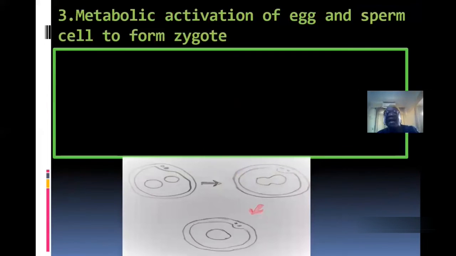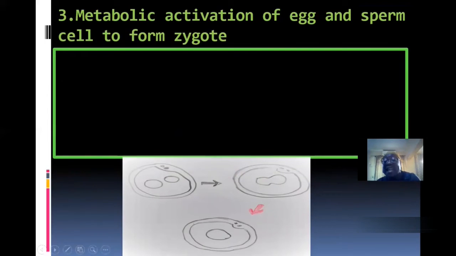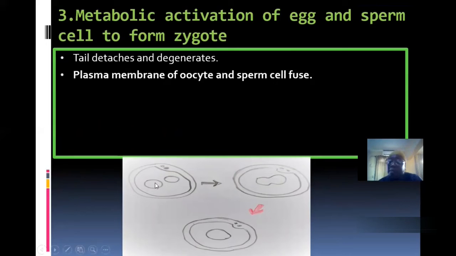Then the third activity is the activation of the egg and the sperm cell to form the zygote. We said that the sperm cell is made up of the head, the middle piece, and the tail. The tail is degenerated so that it is only the nucleus that is introduced into the cytoplasm of the egg. The tail is to enhance movement for fertilization to occur, and it has exhibited its own property, and that will mark its end.